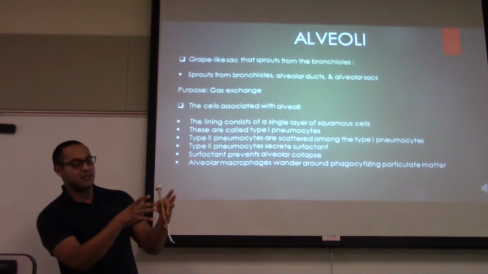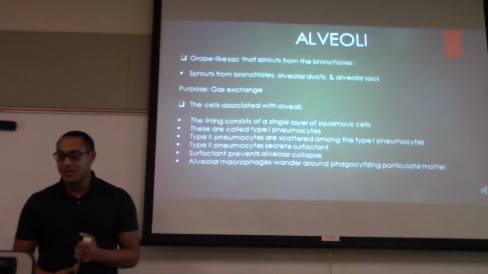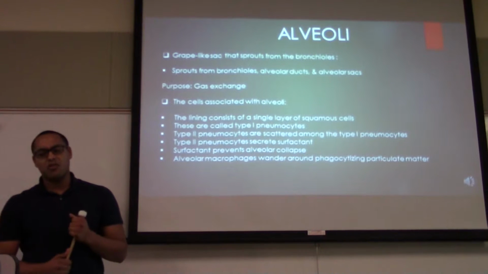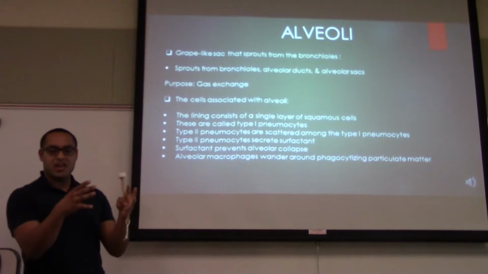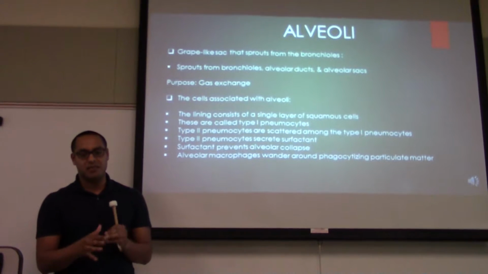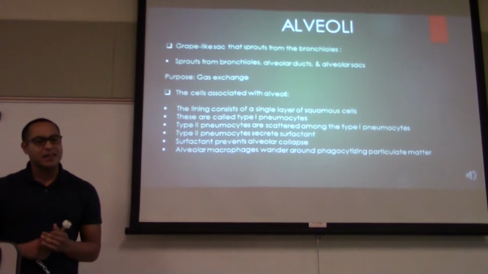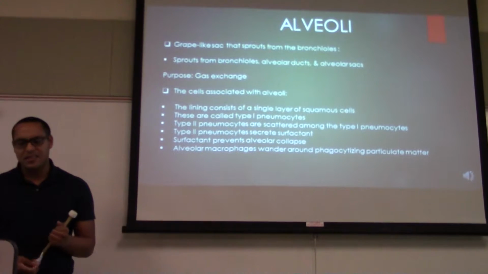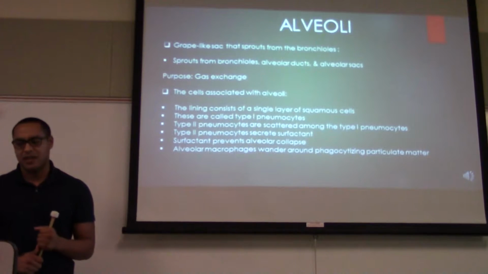Those prevent the alveoli from collapsing. And in the alveoli you have macrophages that wander around and digest any particles that should not be in there, any foreign invaders, okay? The type 1 cells are more abundant than the type 2, but type 2 are really important, okay? And the type 1 kind of line the alveoli.